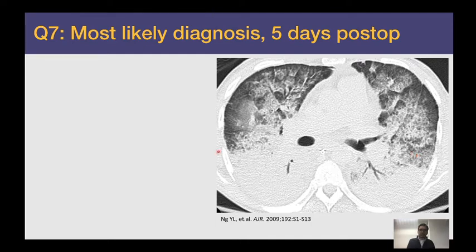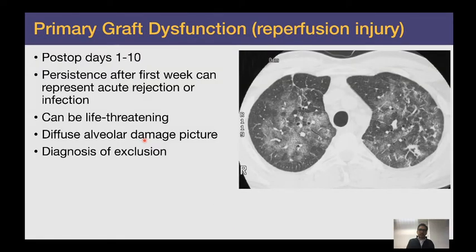and that is certainly in the differential, so let's talk about that. Primary graft dysfunction is something that happens because of the ischemia time. Basically, when the lungs are hooked up, there's a diffuse alveolar damage process that can occur, and you'll see ground glass opacity in the lungs.